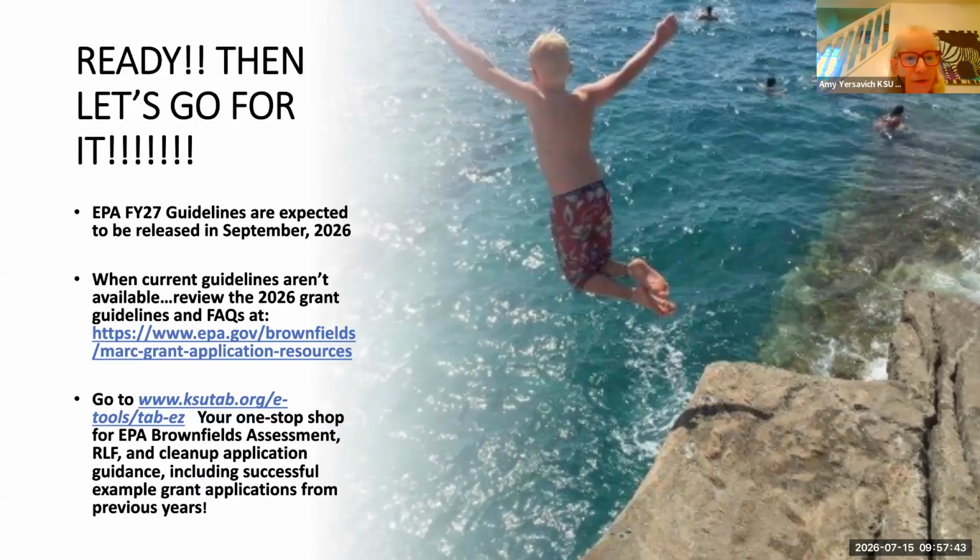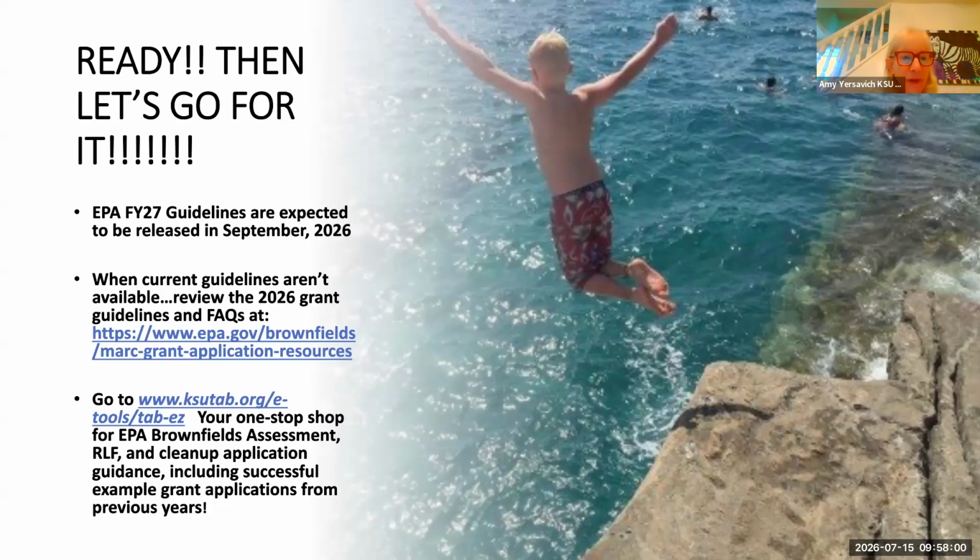When current guidelines aren't available, which is now, we encourage you to review the 2026 grant guidelines and FAQs, which, as John mentioned, provide a ton of really helpful information.